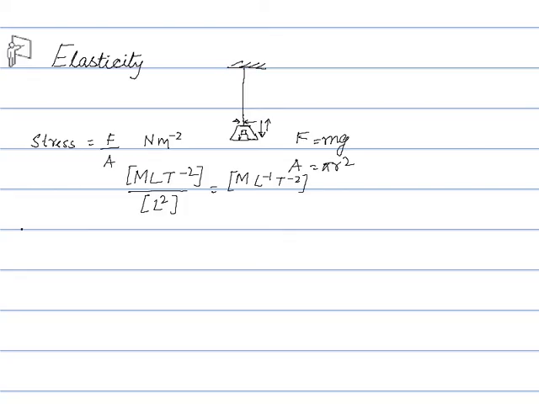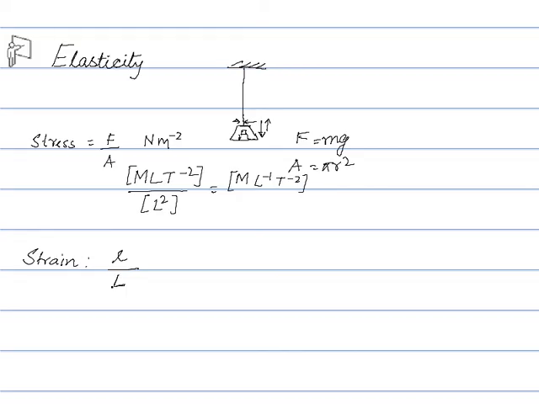Now one more term in elasticity we define is called strain. What is strain? It is the change in dimension to the original dimension. So suppose for this weight placed on the hanger, the length of the wire changes by L, and this capital L is the length of the original wire.